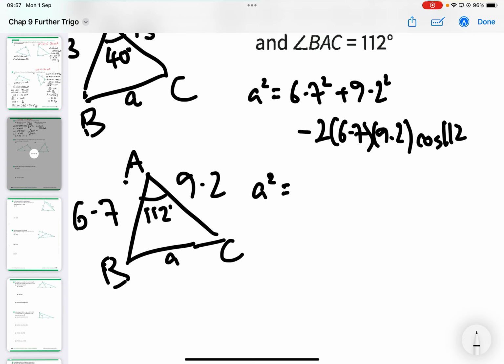At first it's 6.7 square plus 9.2 square minus this thing. But because your cosine 112 is a negative number, in the end this whole thing will become negative, become a plus. So if you are doing it step by step, pressing one thing by one thing, you may have to take note. Otherwise, just key in this whole thing correctly, and you should get your correct answer.